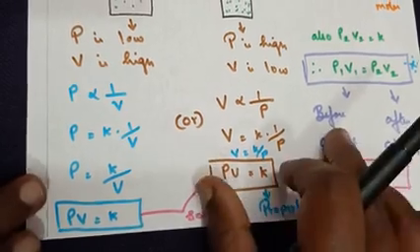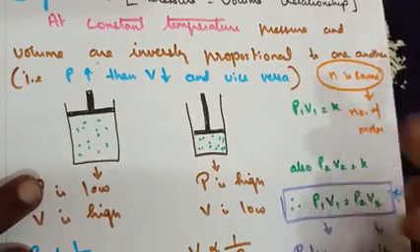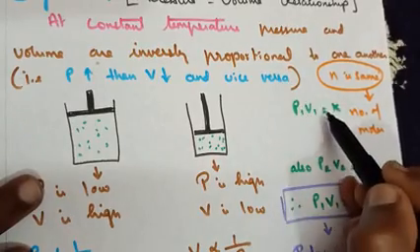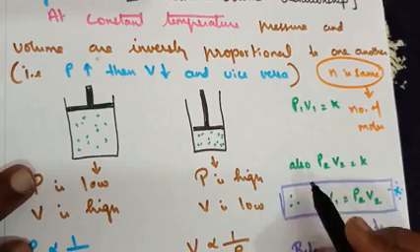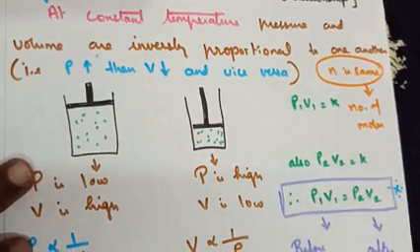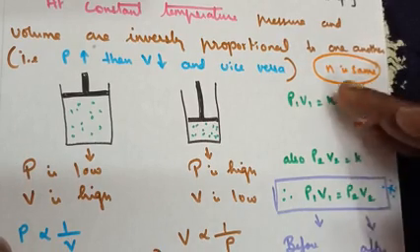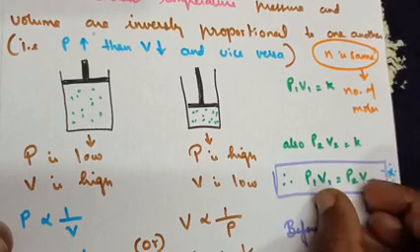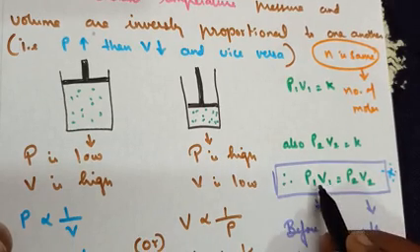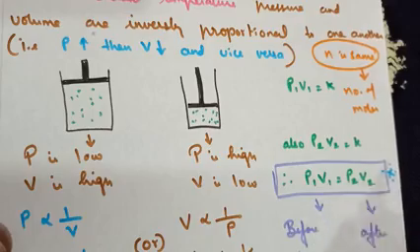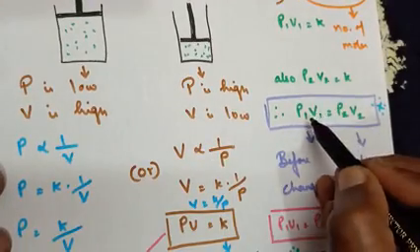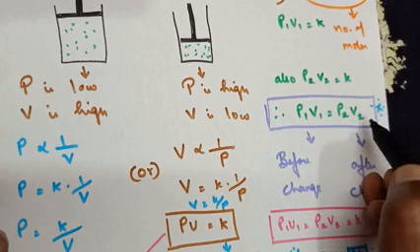Now the same thing can be represented a little differently, that is P1 V1 is equal to K and also P2 V2 is equal to K. In both places the K value happens to be the same, so they can cancel. Finally you can write it, therefore P1 V1 is equal to P2 V2. Now what is this P1 V1 and P2 V2?